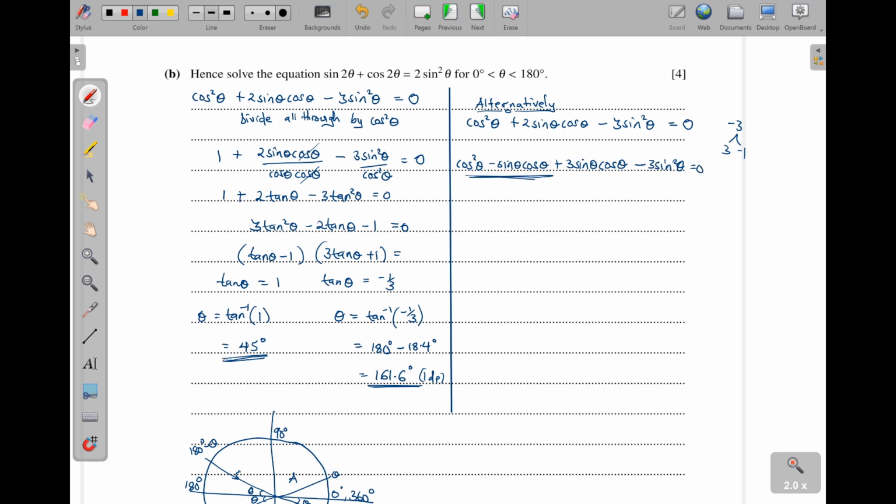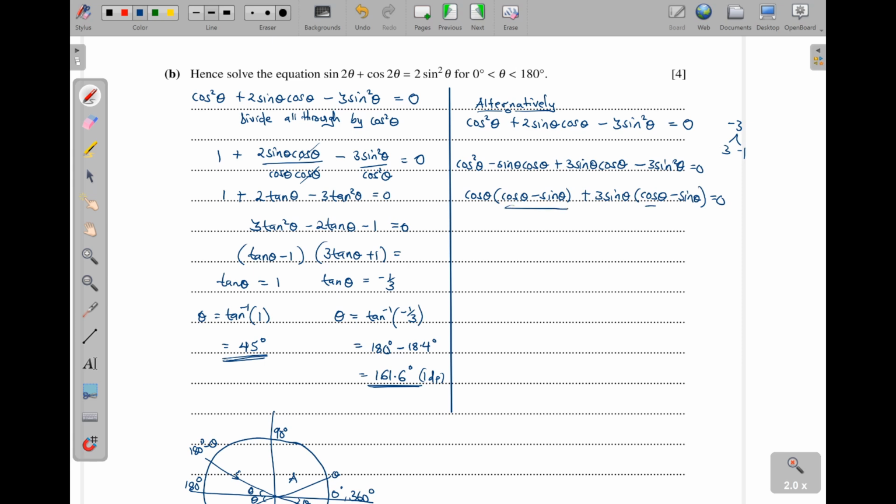Now what is common here is the cosine, so I factorize it. Cos theta, then here we shall have cos theta minus sine theta. Then here what is common? We have 3 sine theta. That means we are remaining with cos theta here, and then here we shall have a sine theta, which is equal to 0.